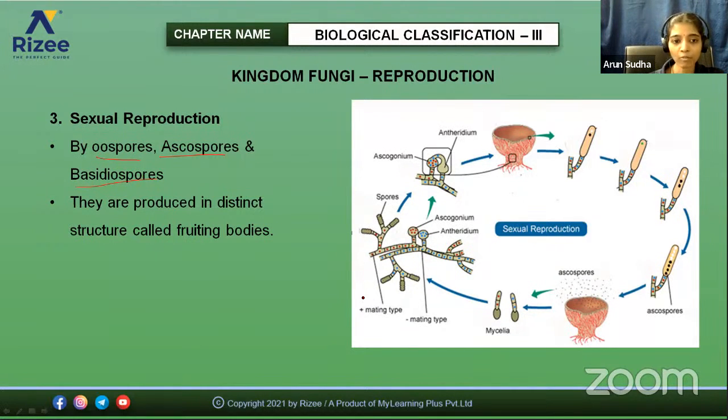In the case of ascospores, it is called the ascocarp. That is the fruiting body. And in the case of basidiospores, we are calling it basidiocarp. So based on the different types, the spores produced will be ascospores and basidiospores. Here we'll see in detail about the different processes, how the spores are formed.